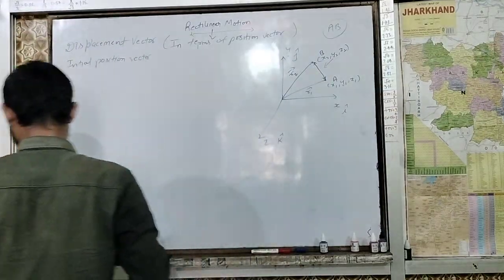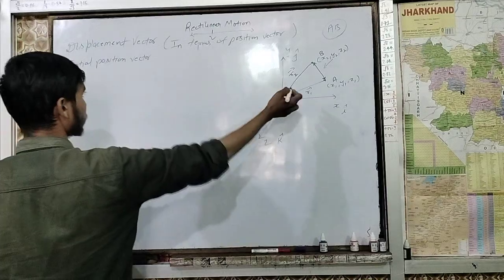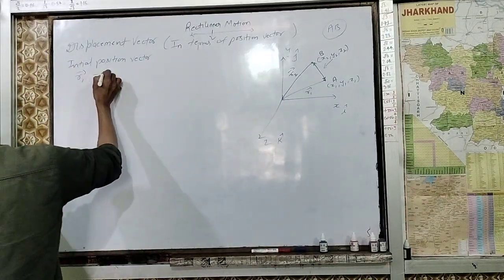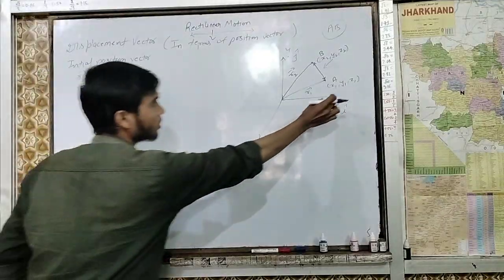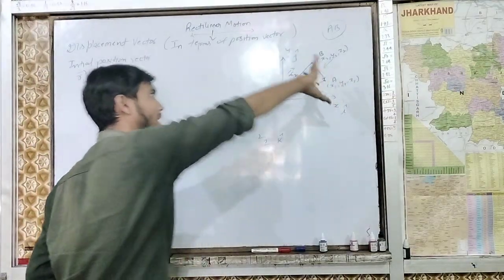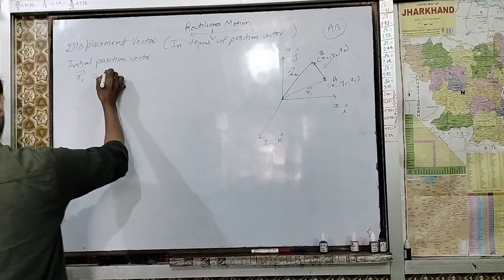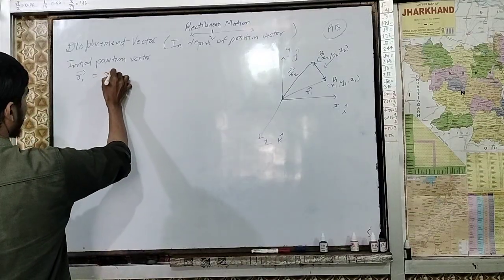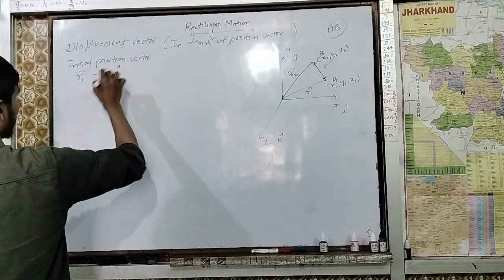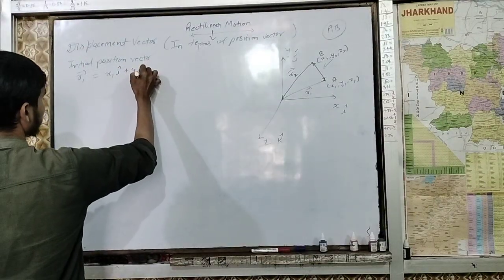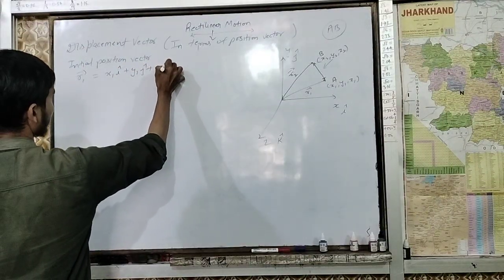So our initial position vector is R1. You know that x is along i cap, y is along j cap and z is along k cap. Therefore this R1 can be written as x1 i cap plus y1 j cap plus z1 k cap.